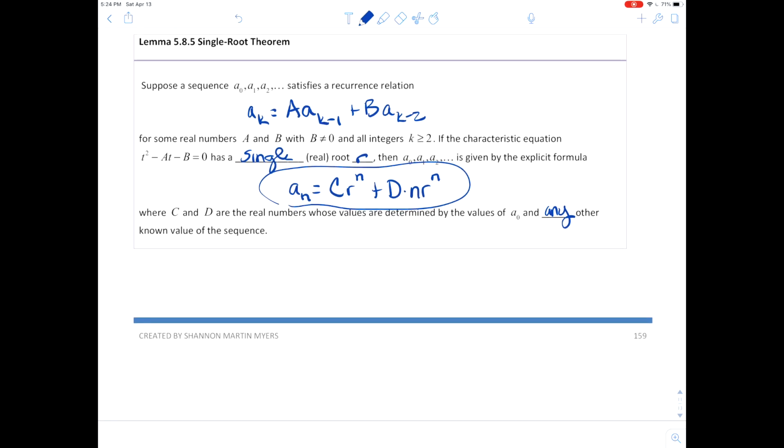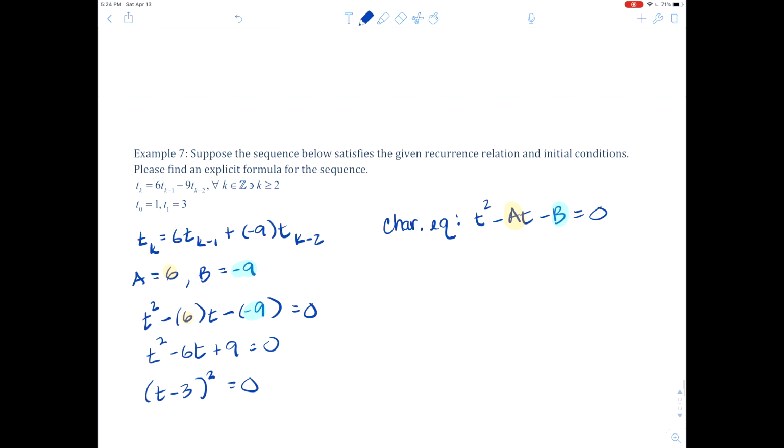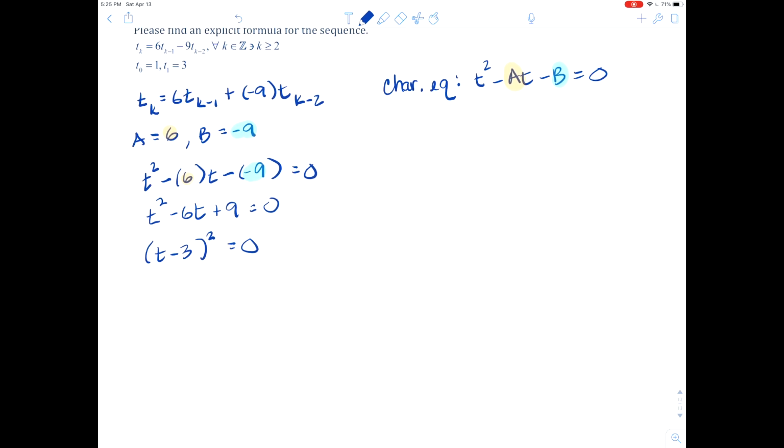A sub n is c times r to the n plus d times n r to the n. So, working with a sequence t, t sub n is going to be c times r to the n, I'm doing it in general first, plus d times n times r to the n. Good so far?